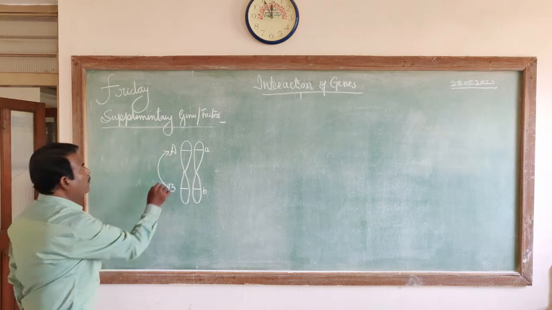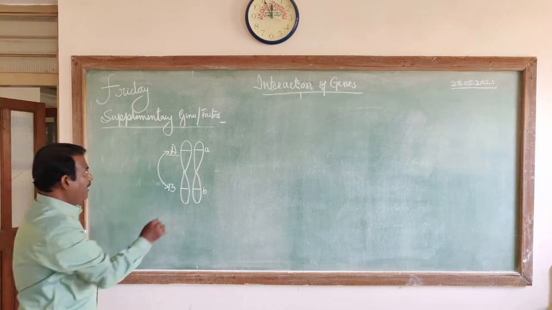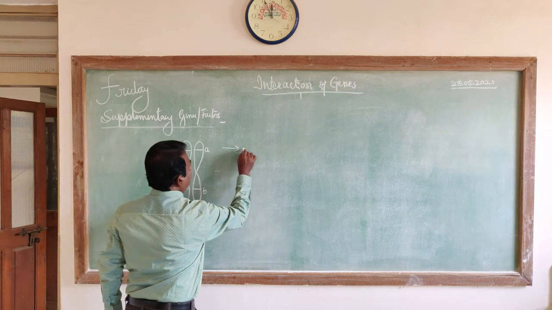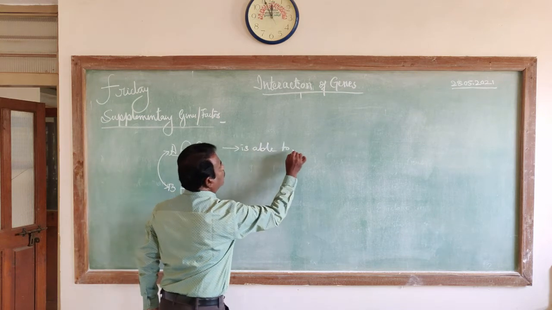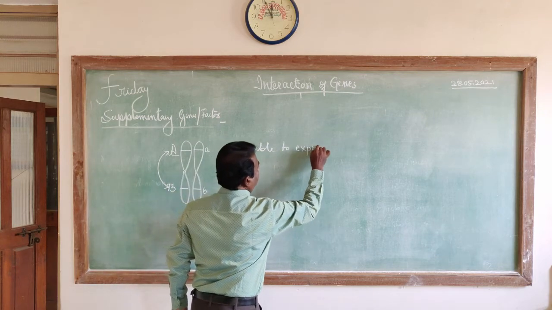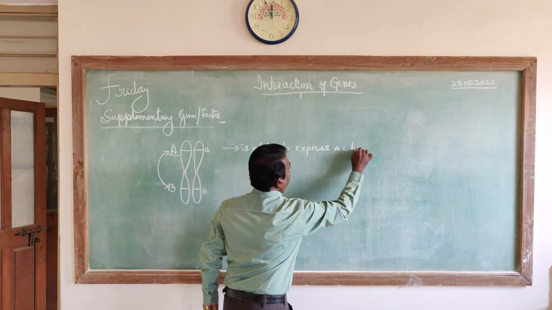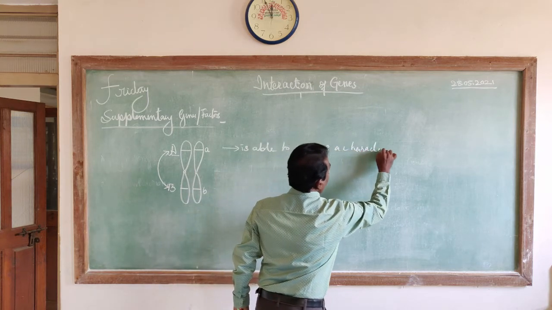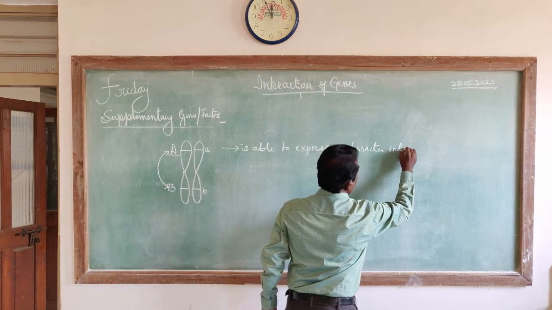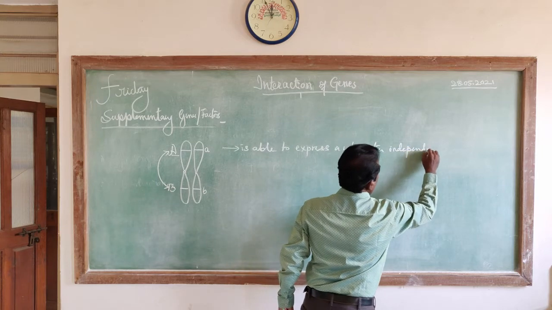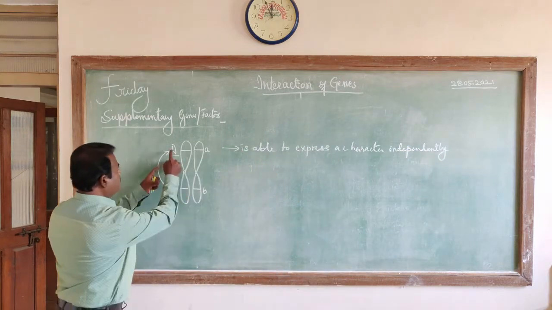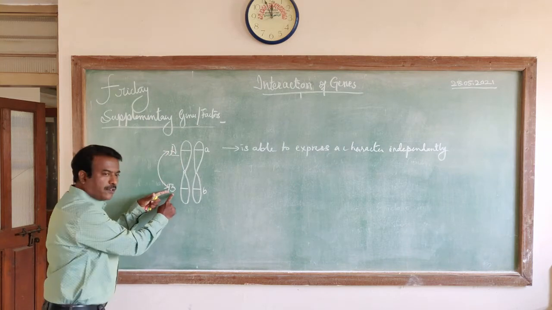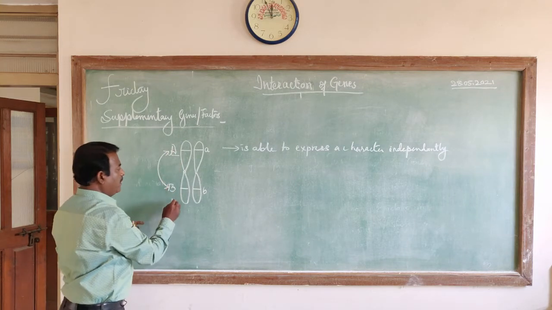But before that, let me tell you the nature of this capital A allele. Capital A allele is able to express a character independently, which means it need not depend on the expression of capital B dominant gene.